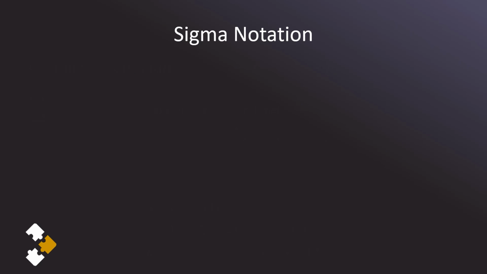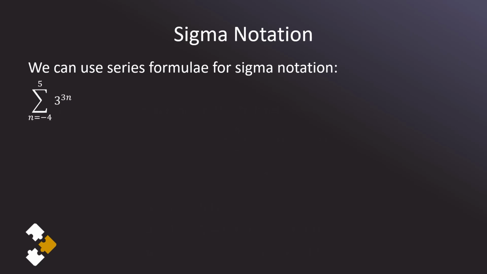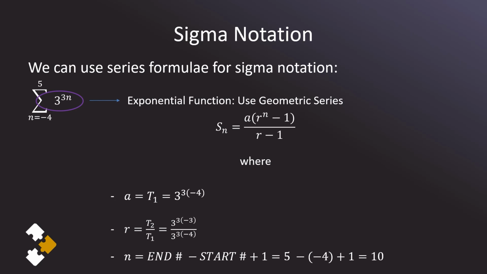Now, let's carry on. We can use series formulae for sigma notation. Now, remember, this is an exponential function, so we can use the geometric series here. And we know the sum for geometric is Sn = a(rⁿ - 1)/(r - 1), where a is the first term. So we'll substitute -4 into our function there to find the first term.